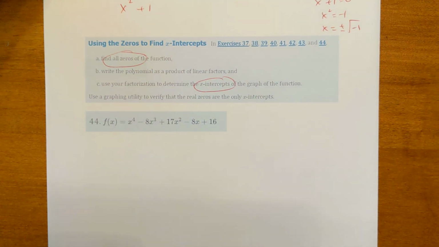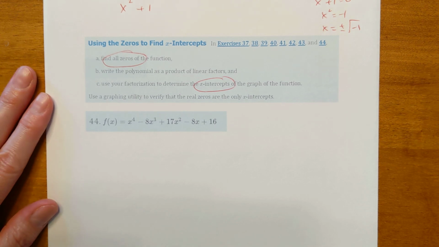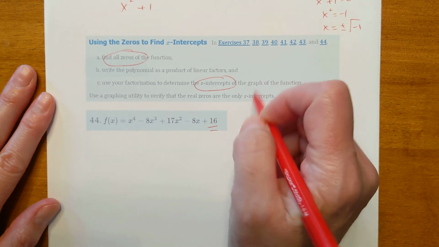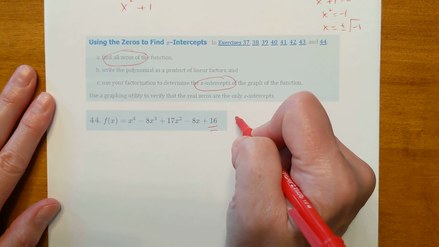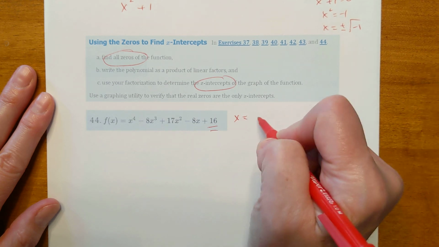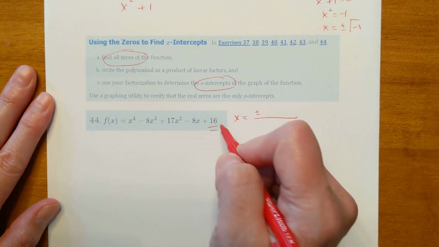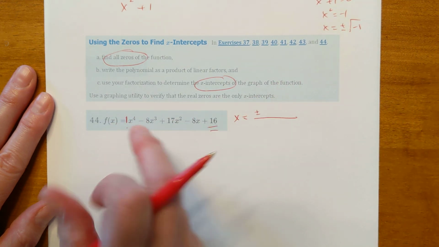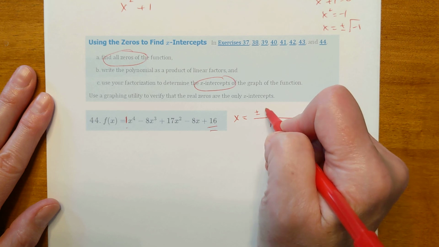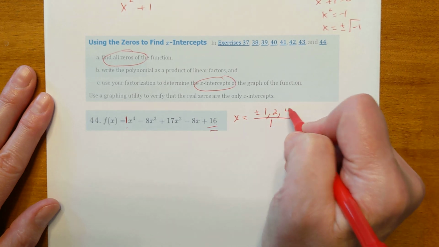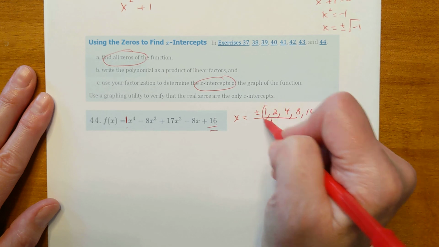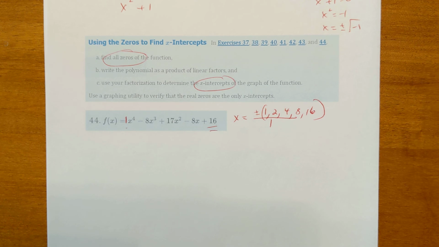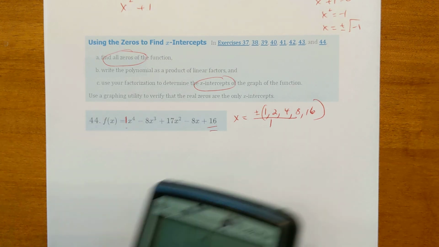So, again, doing it the long way, the possible zeros for x are the factors of 16 on top over the factors of the first coefficient, which is 1. So it's only 1. So 16 divides by 1, 2, 4, 8, and 16. So it could be any one of those numbers, plus or minus all of them. And again, it's easiest just to look on the calculator, see which one it is.